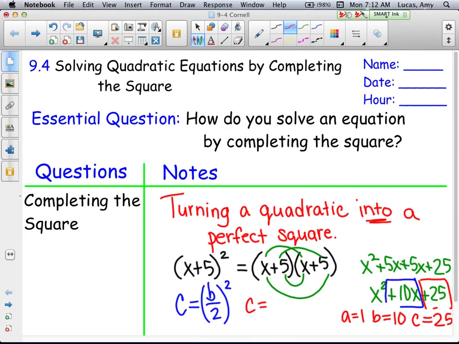C equals b, which is 10, divided by 2, and then you square it. 10 divided by 2 is 5. 5 squared is 25. So that's exactly what we're going to do. The relationship that you have to remember is right here: the value of c is equal to whatever b is divided by 2, then squared. That will complete the square for our trinomial.